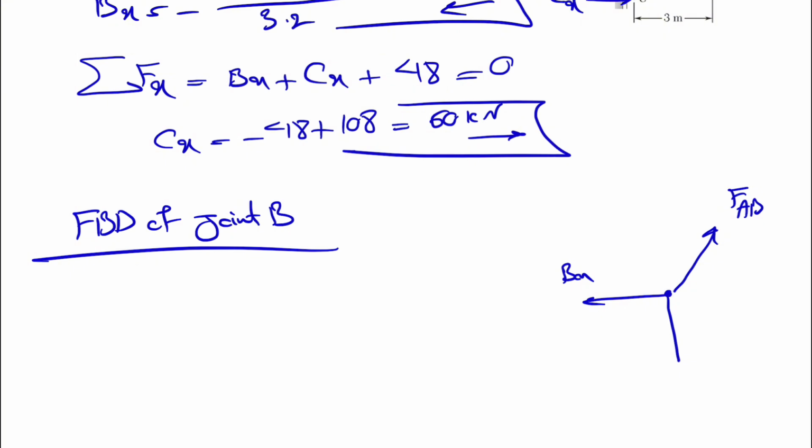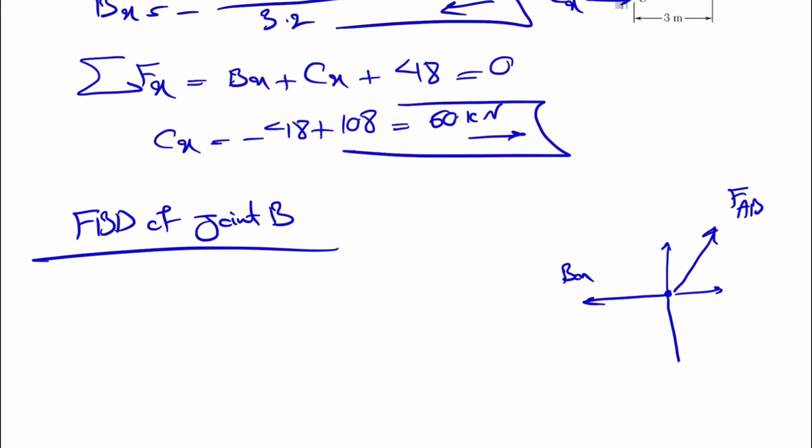So we have to have an X component of one of these forces to the right in order to cancel out Bx. That shows FAB has to be in this direction because this will be the X component and this will be the Y component. That way the X component can cancel out the Bx. So that's the correct direction for FAB.